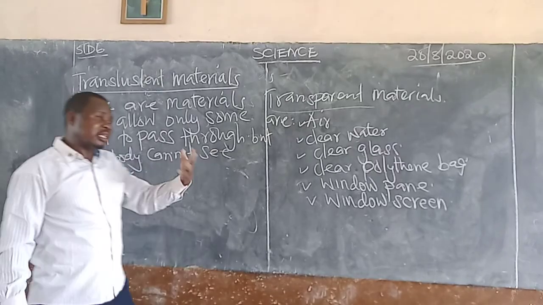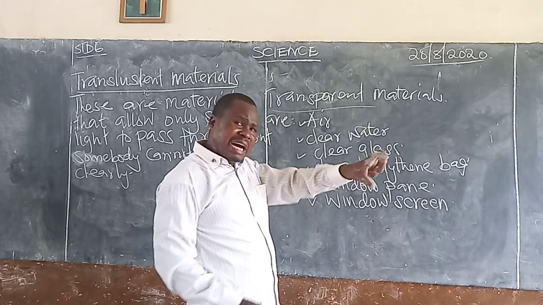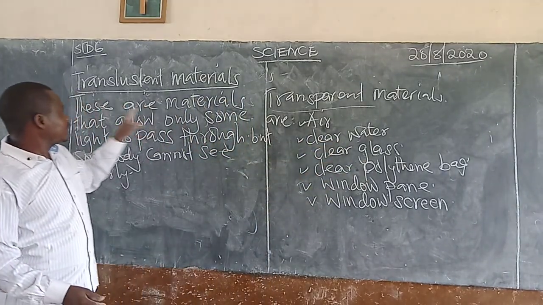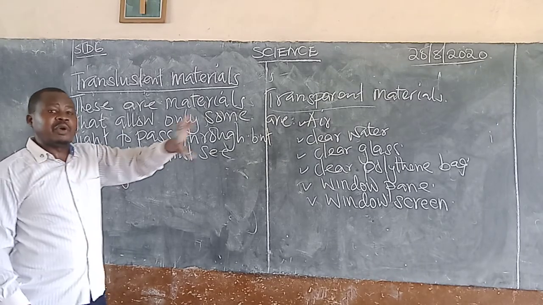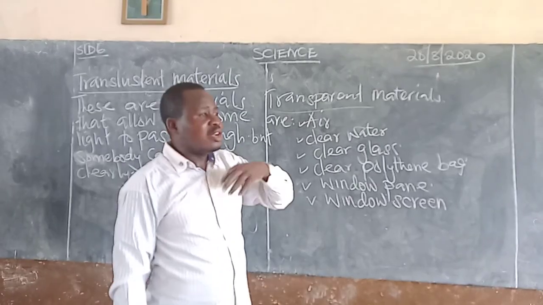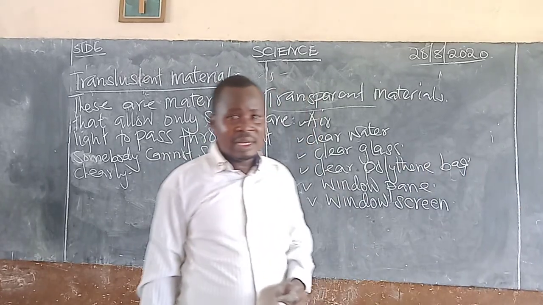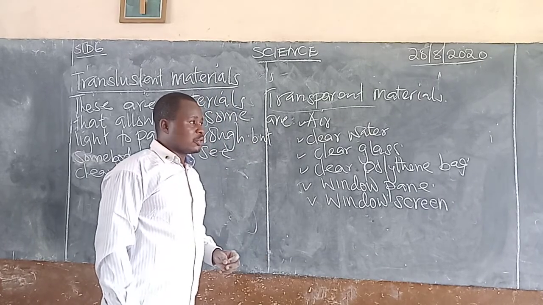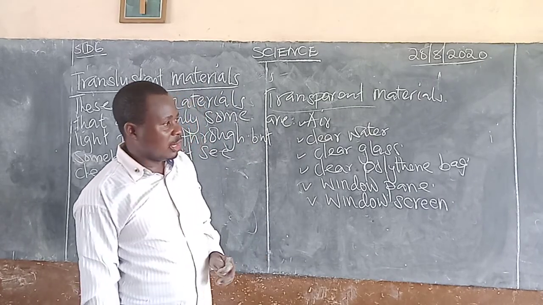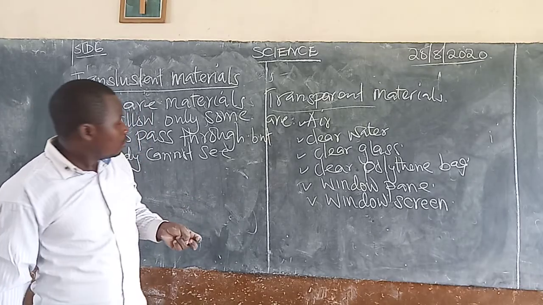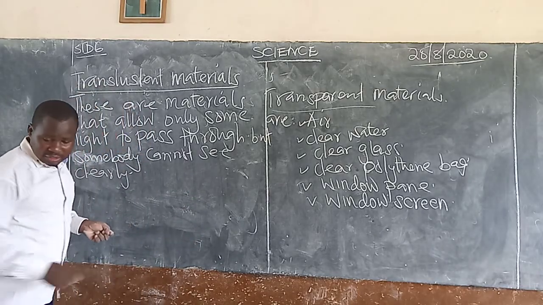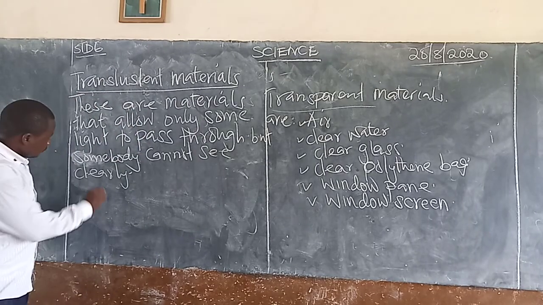Why? Because it only allows some, not all the light. We realize with transparent materials, light passes through the way it is. But the translucent only allows some light to pass through. So that is what we mean by translucent materials.